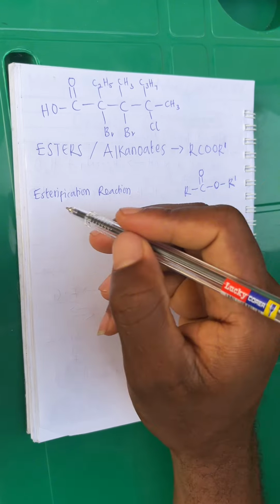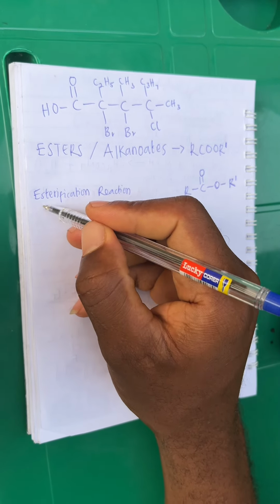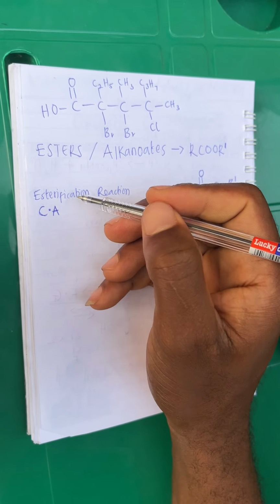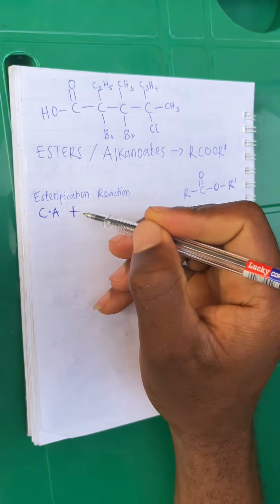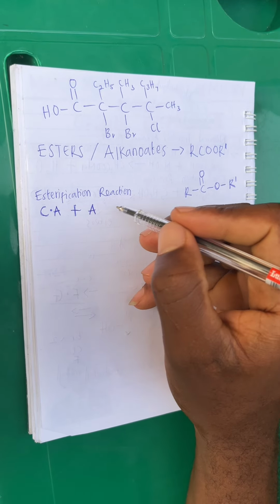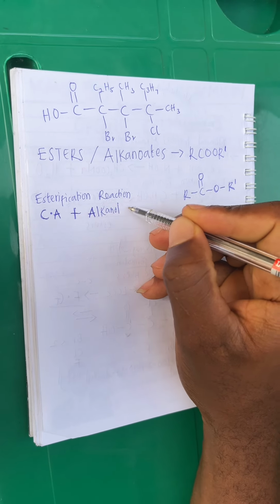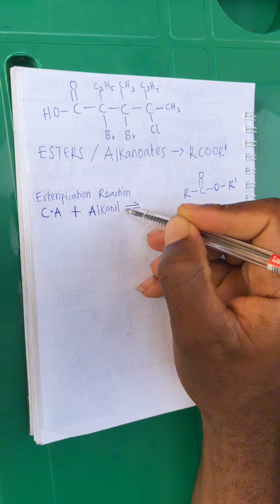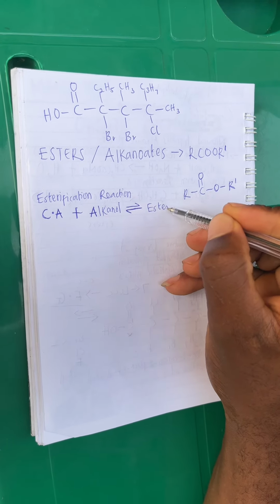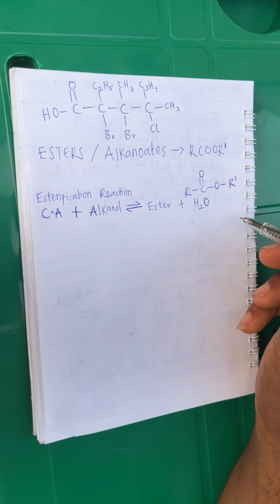It is the reaction between a carboxylic acid plus an alkanol, or an alcohol. It is always a reversible reaction, forming an ester plus water only.